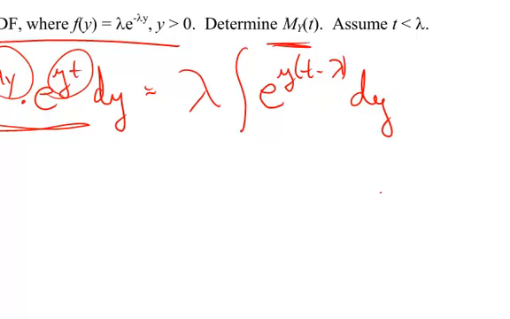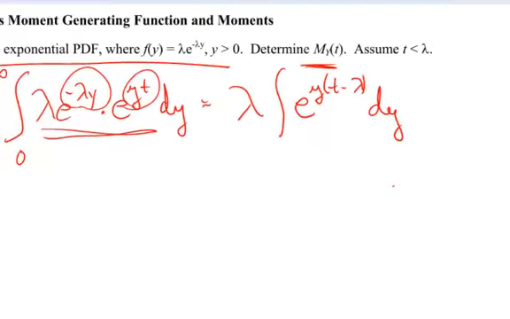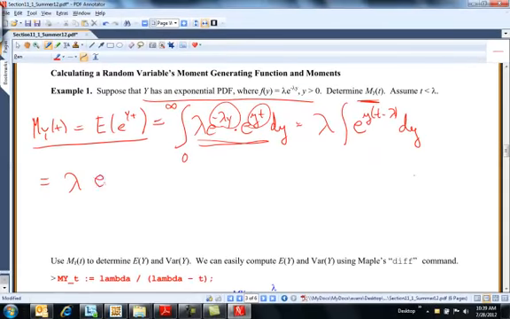Let's take an antiderivative. So this is e to the y times t minus lambda, all divided by t minus lambda. And this goes from y equals 0 to y equals infinity.